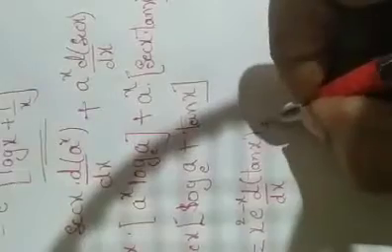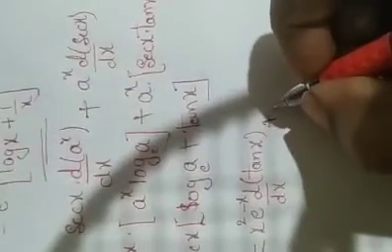Then keep the tan x and e raised to minus x as they are and find the derivative of x square, plus, now keep tan x and x square as they are and find the derivative of e raised to minus x.